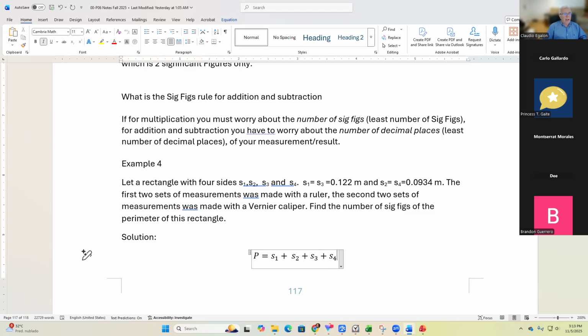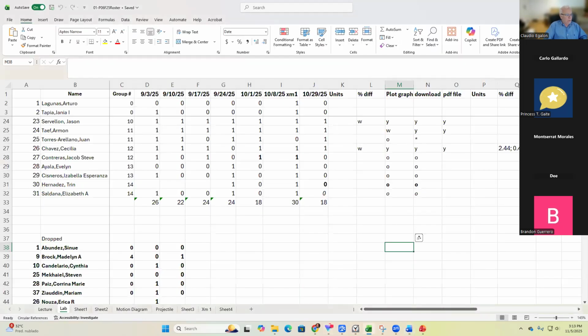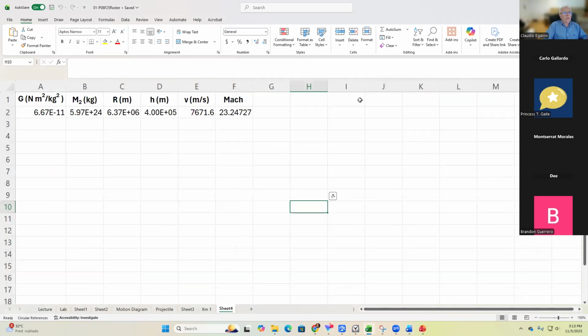And now I'm going to do the summation in a spreadsheet so you can visualize that better. Here you go. Let's use this one here. That's S1, that's S2, that's S3, that's S4.